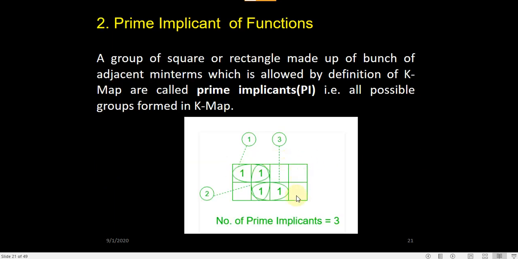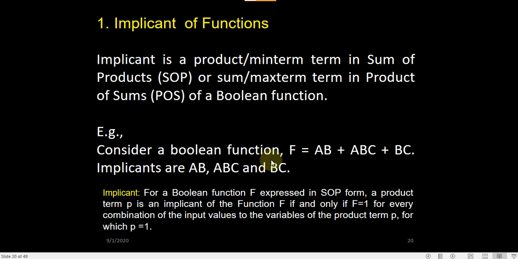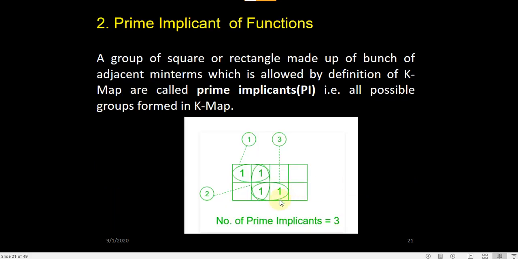When you map into a K map and do the groups, there will be a lesser number of prime implicants. Each of the bunches will be known as a prime implicant. So the number of prime implicants will be lesser than the total number of implicants which is possible. Is it okay?